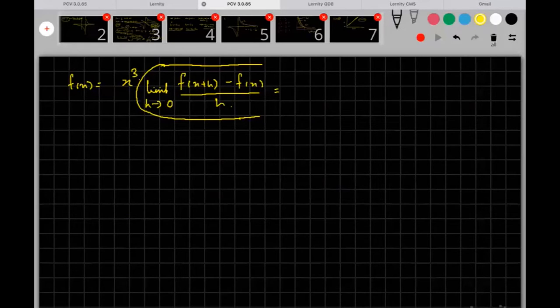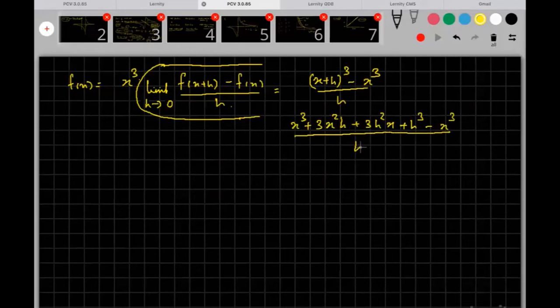It is equal to x plus h the whole cubed minus x cubed, by h. Now I can write this as x cubed plus 3x square h plus 3h square x plus h cubed minus x cubed, by h. Now you see this and this will get cancelled.